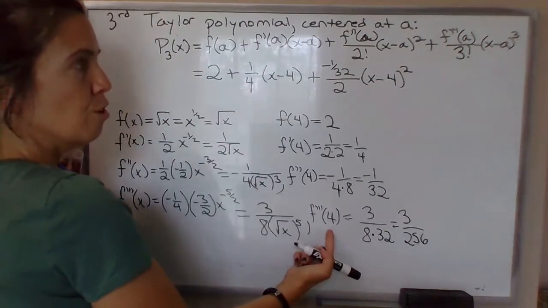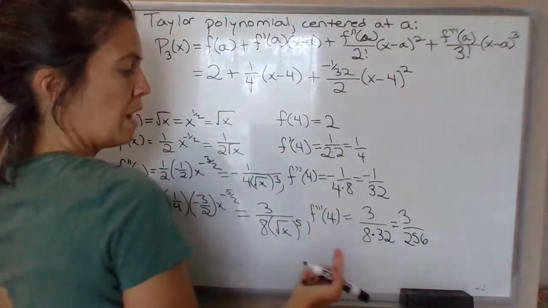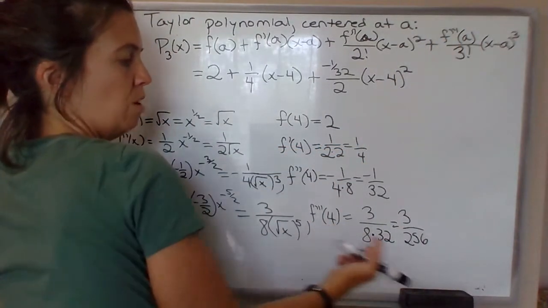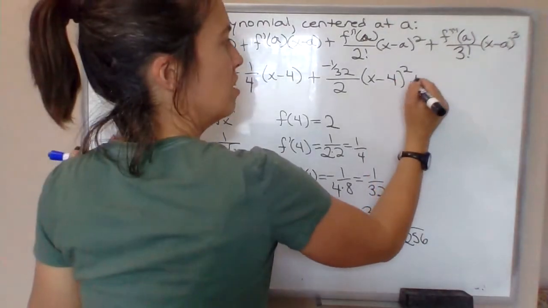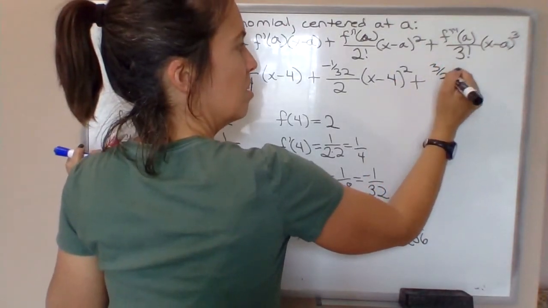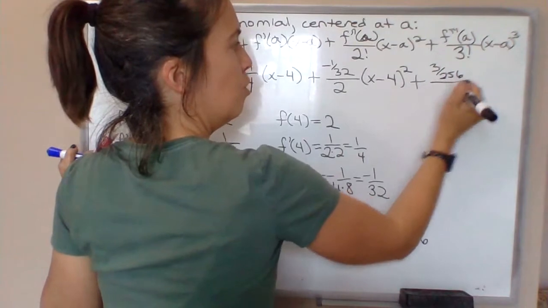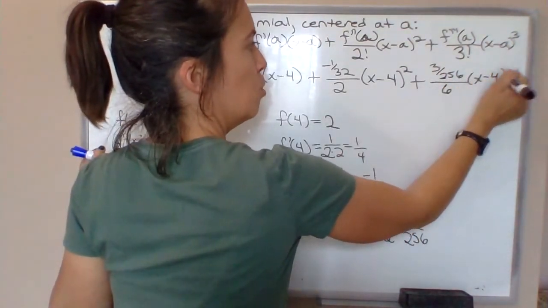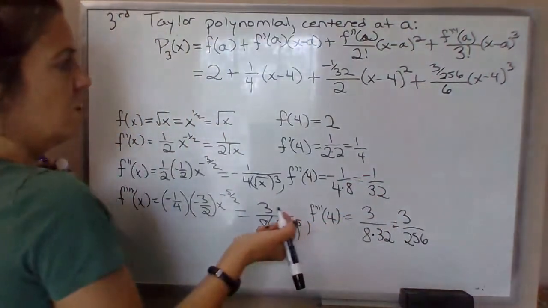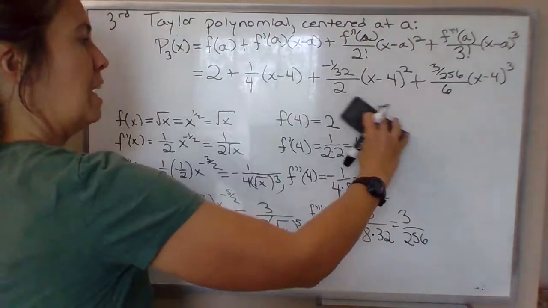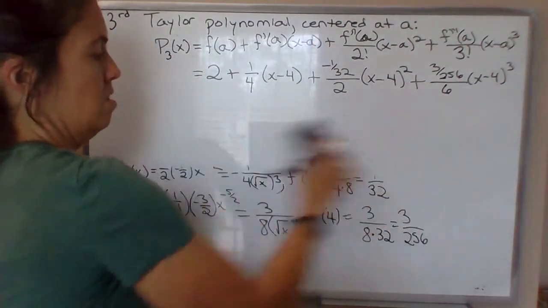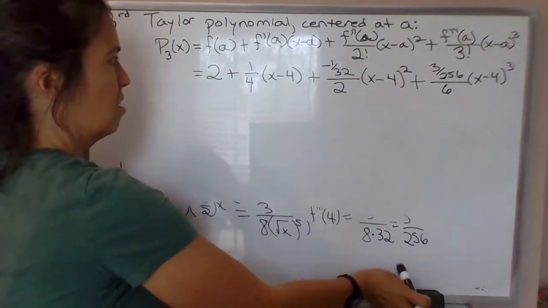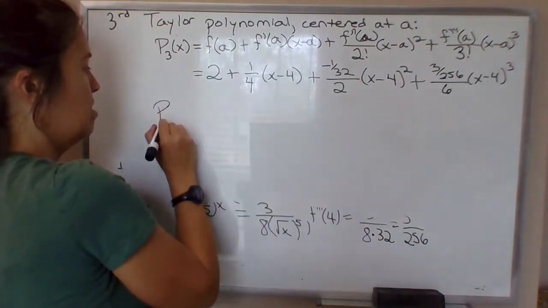And then third derivative, so f triple prime at a, in this case f triple prime at 4, is 3 over 256 over 3 factorial, which is 6, x minus 4 to the third. Okay, so let's simplify what we can here. It's nice to make it as neat as possible.